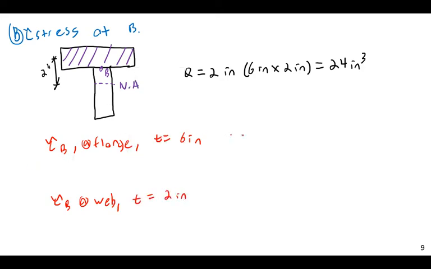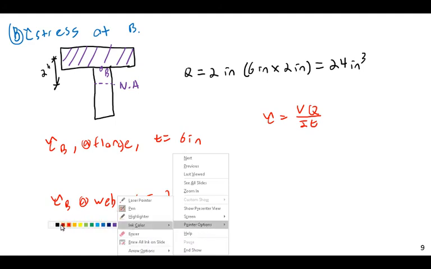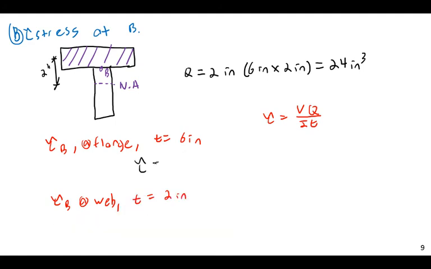Both of these are still governed by tau equals VQ over It. The V is the same, the Q is the same, and the I is the same, but the t is not the same. So then we just plug and check on this.